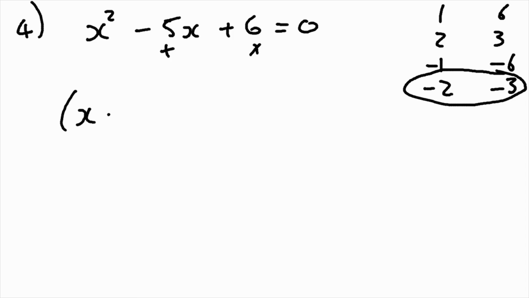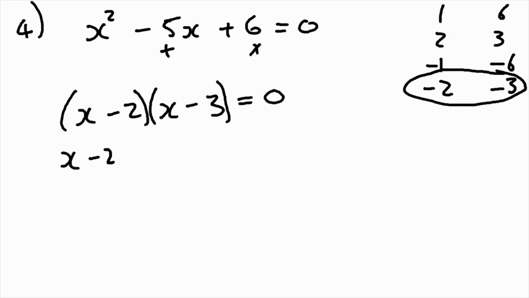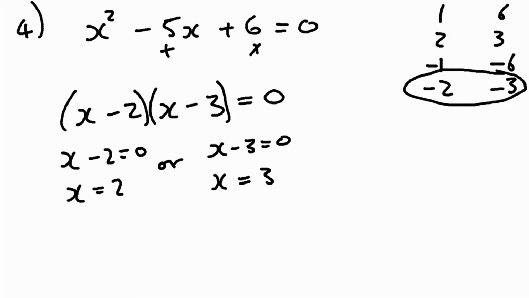So inside our brackets, it's going to be x minus 2, x minus 3 equals 0. Again, one of these things has got to be 0. So either x minus 2 is 0, so x is positive 2, or x minus 3 equals 0, so x equals 3. And we have our two solutions.